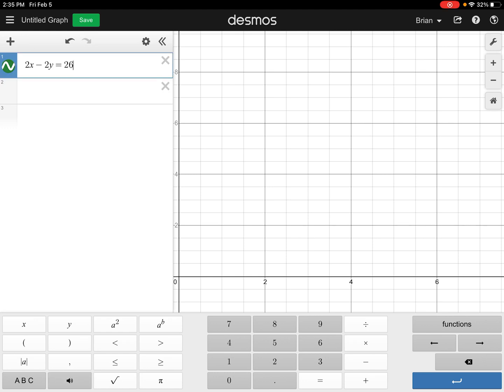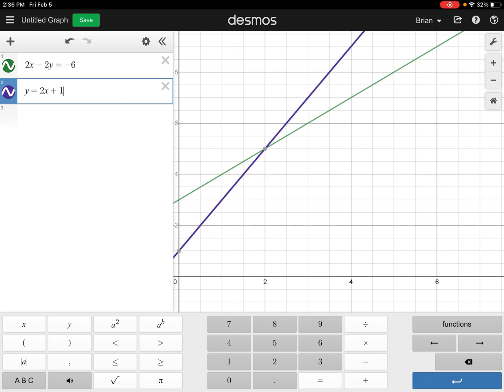Let's try that again. 2x minus 2y equals negative 6 was that. There we go. And then the second equation is p equals, so that would be y equals 2x plus 10.